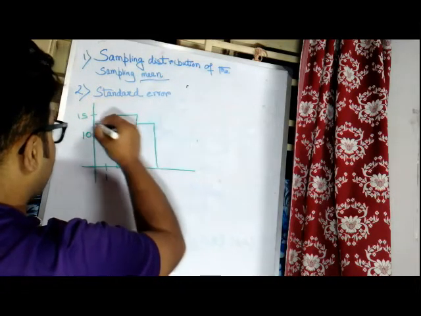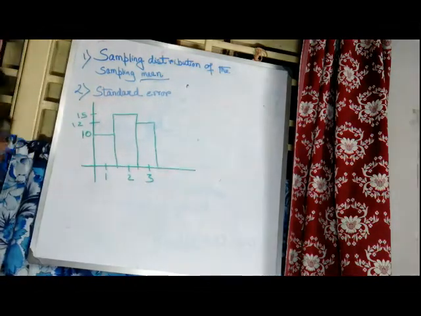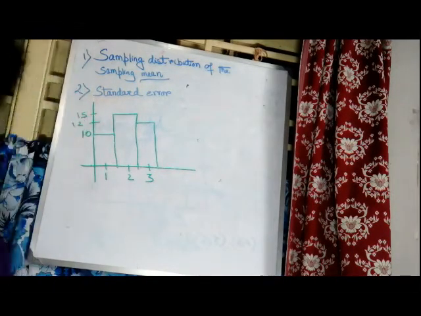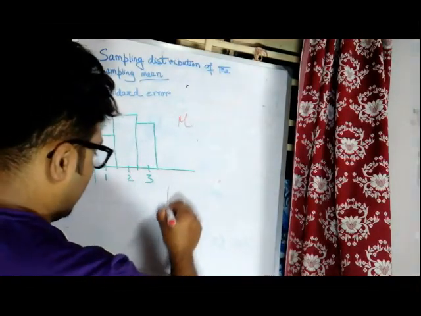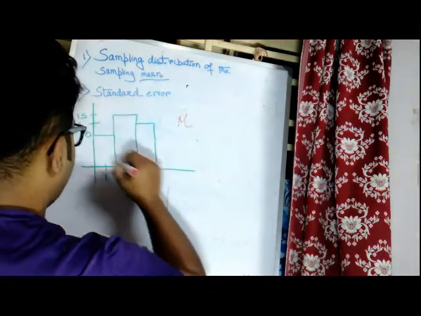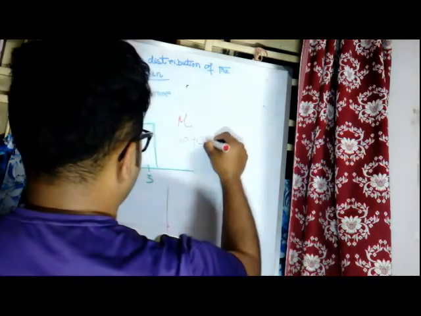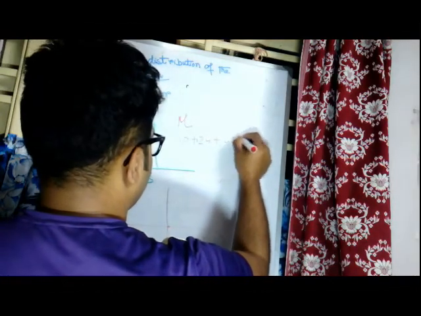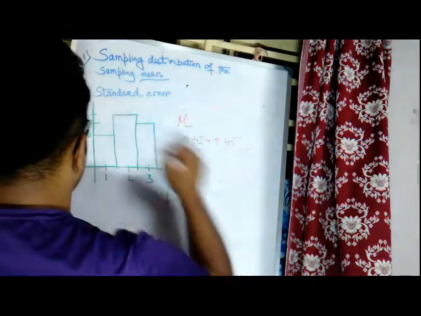This is, suppose I say 12, 3. Now in this case, whatever will be the mean, that is we denote it by mu, we also get similarly, the mean will be, I think, 10 plus 24 plus 45 whole divided by 32, 47.